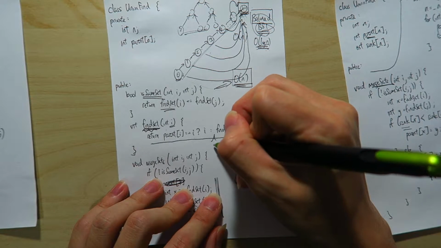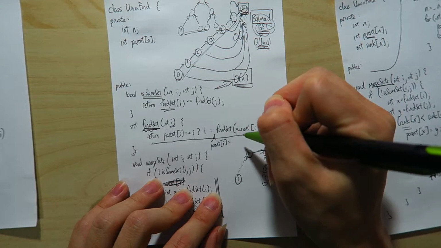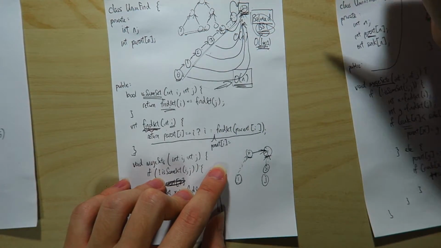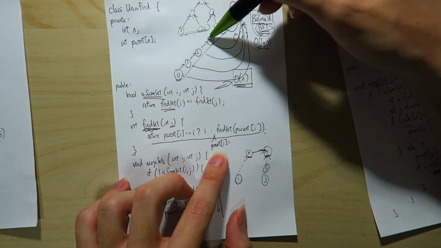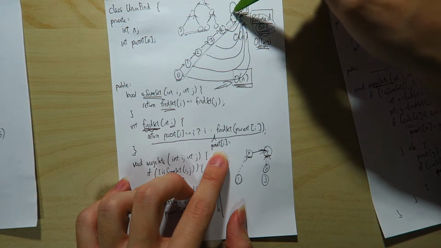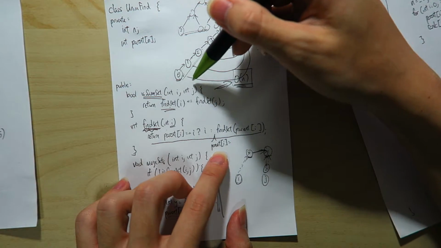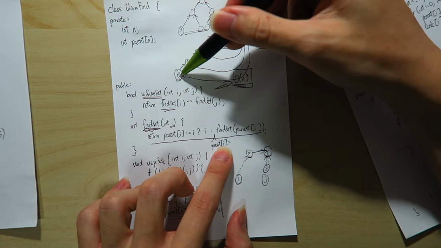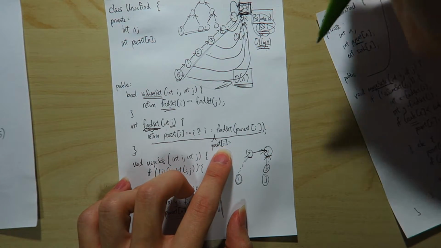We're just going to say that the parent of i equals find set of parent of i. Basically it's going to continue doing all the find set operations, but eventually when it comes back down, because we did find the parent of the set to be this, it's just going to set the parent of this element to be the parent of the set.